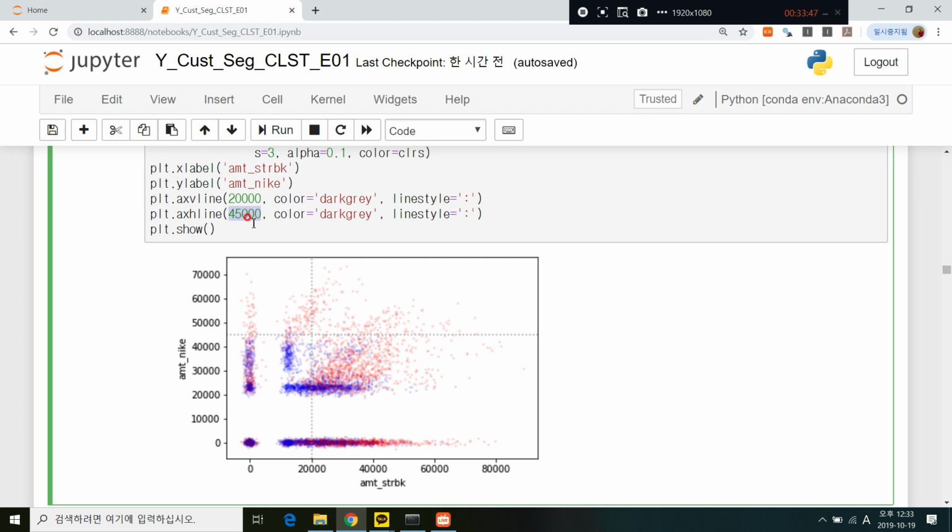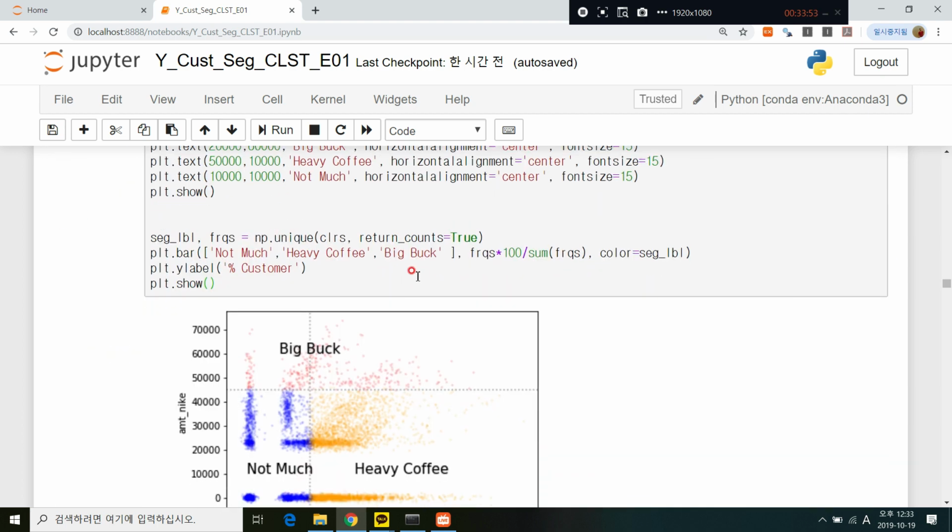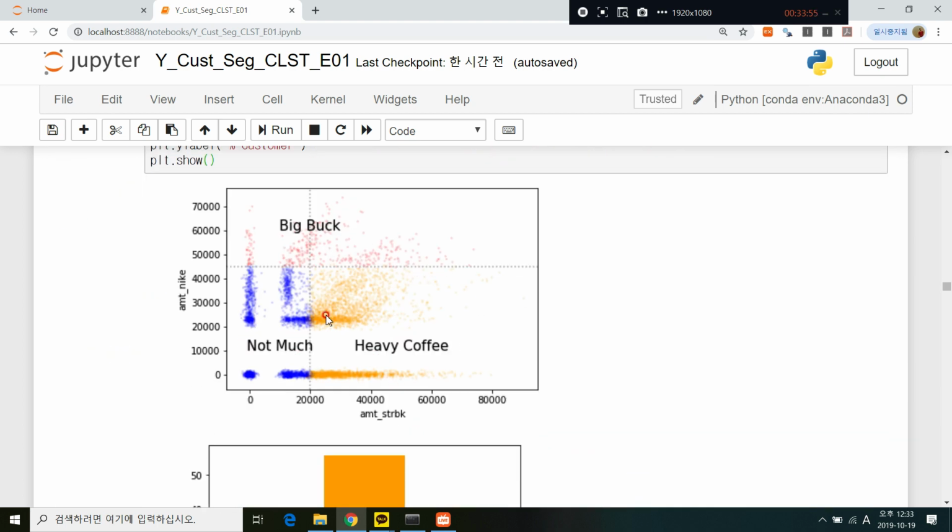Let's consider that this is your choice. Then what would you do? You create a new scatter plot with the same points, but you color the regions like this.